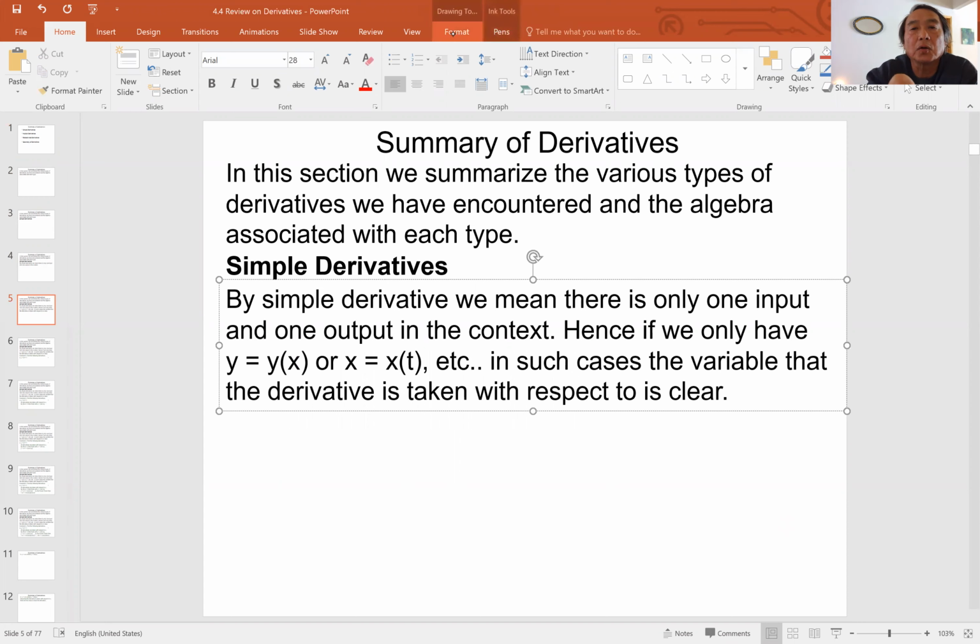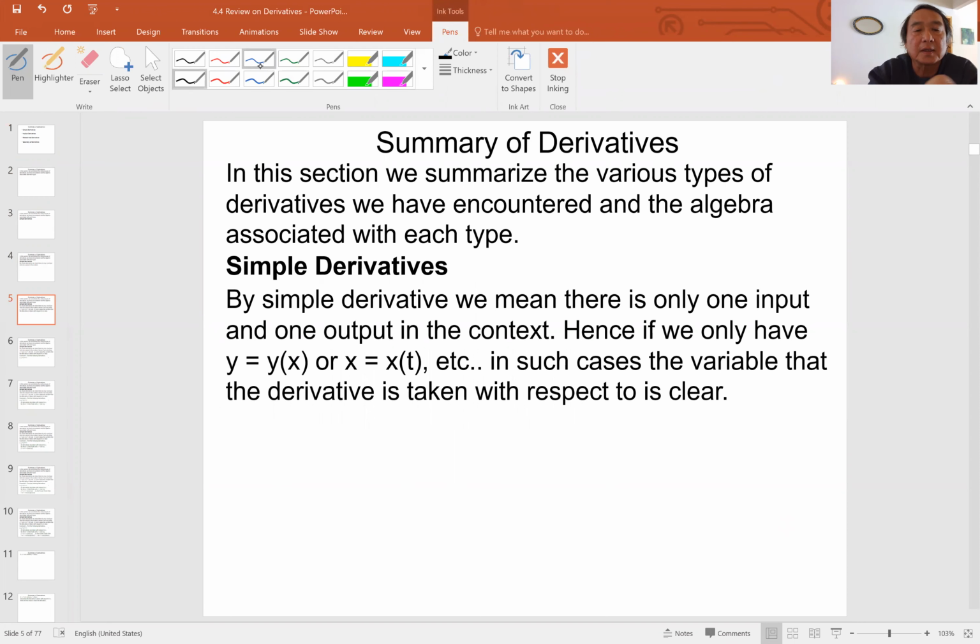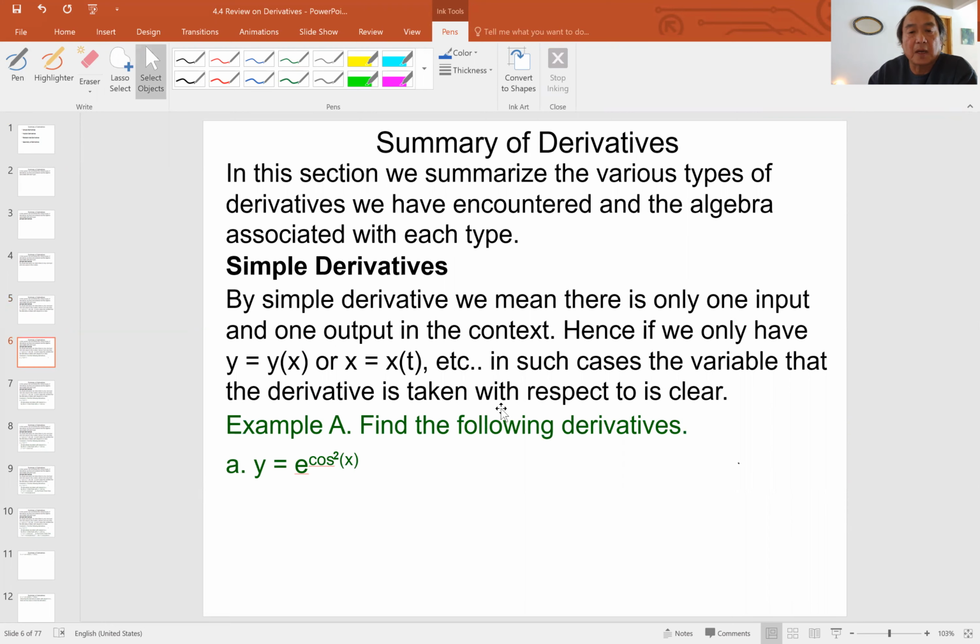We start out with the simple derivatives: functions, input, output, and in particular we use x as the input and y as the output. We also call x the independent variable, and y the dependent variable, since it depends on the input. The simple derivatives: we have output y depending on input x, and then we take the derivative with respect to x.